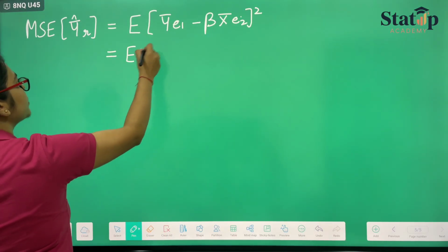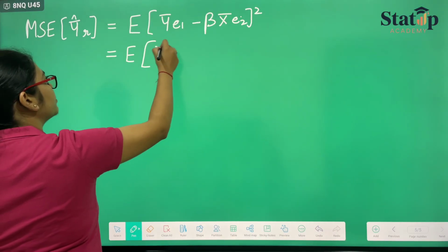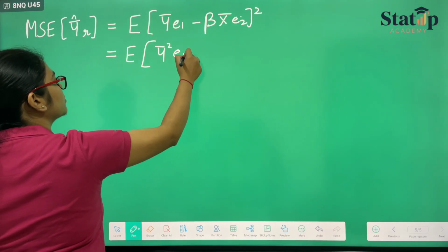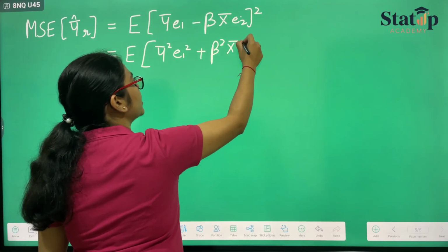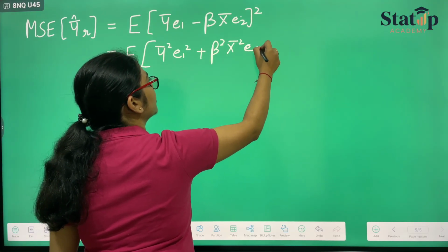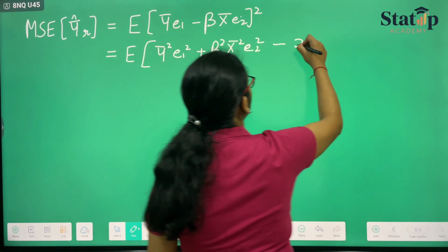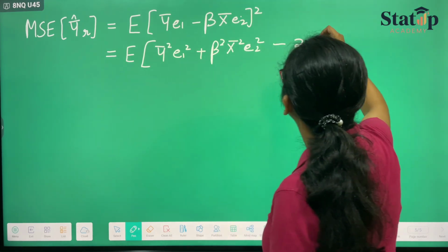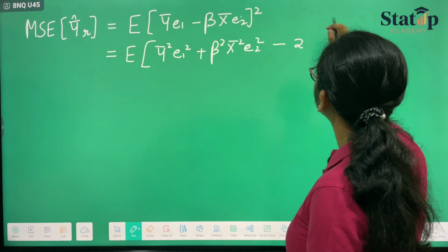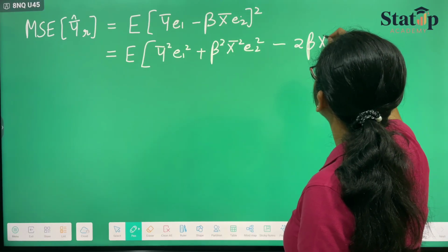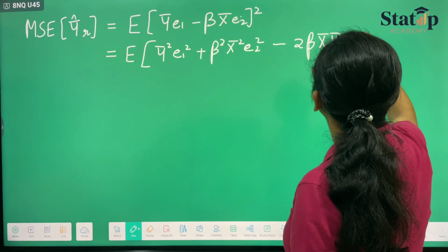So it will be the expectation of Y bar square E1 square plus beta square X bar square E2 square minus 2 beta X bar Y bar E1 E2.